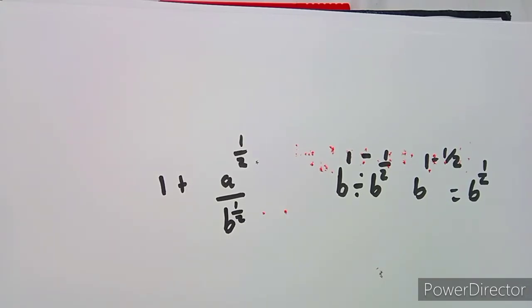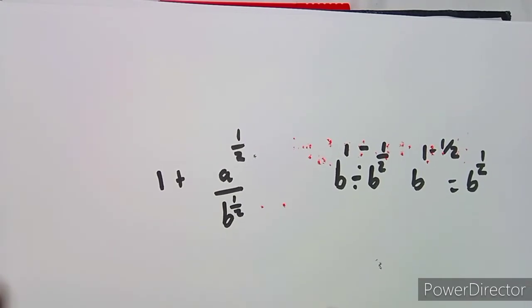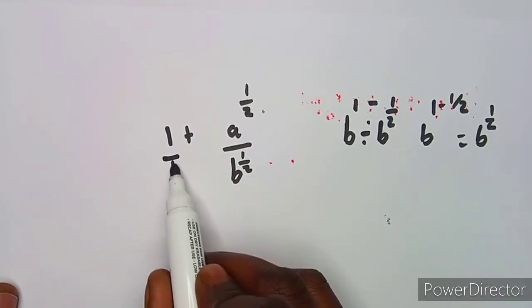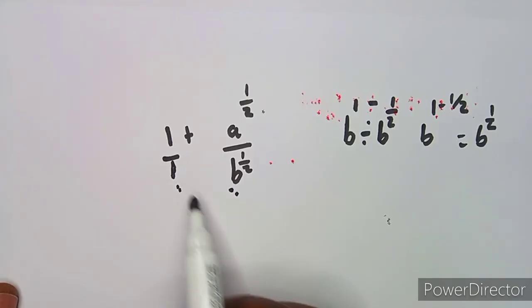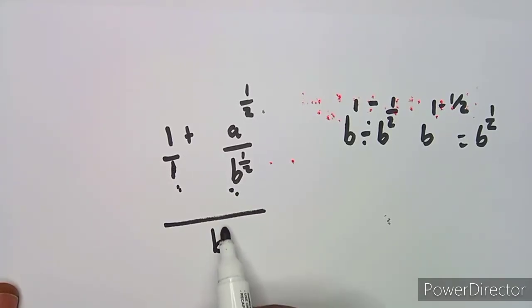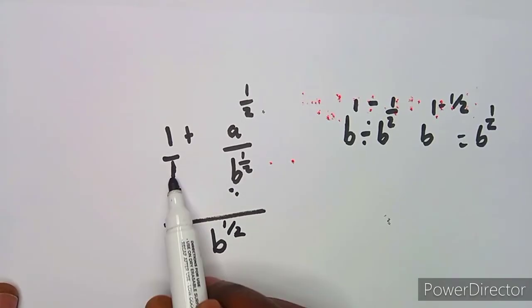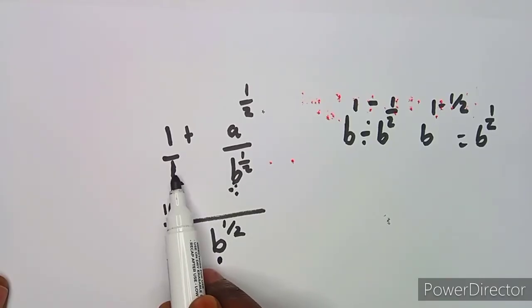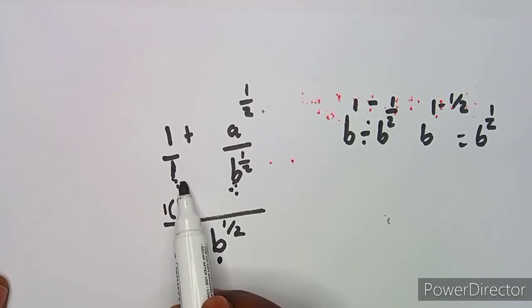How can we add these two fractions? Remember, when you are adding, we have to find the LCM or the LCD of these two, which is b to the exponent of a half, because it's just 1 and b here. So what you do is 1 times, you divide b to the exponent of half by 1, which is b to the exponent of half.